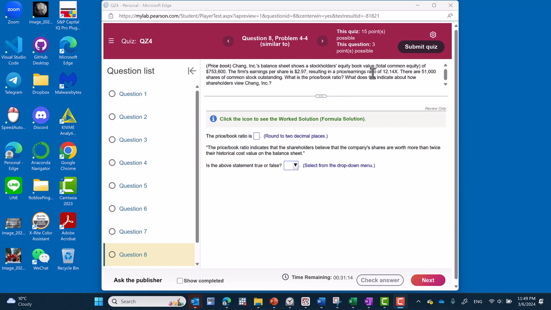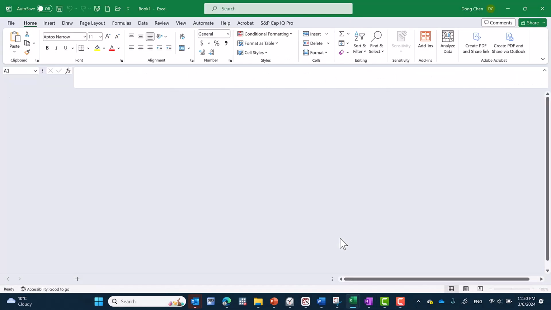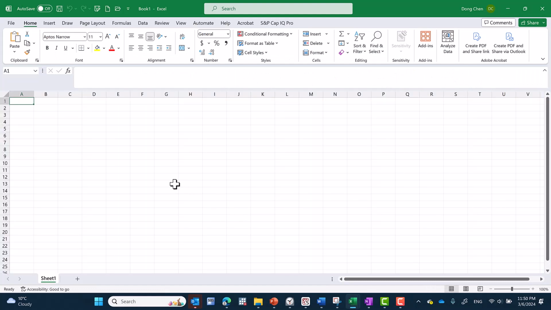And then dividing the price by the equity book value per share, we can calculate the price book ratio. So let me put the information down in the Excel sheet.